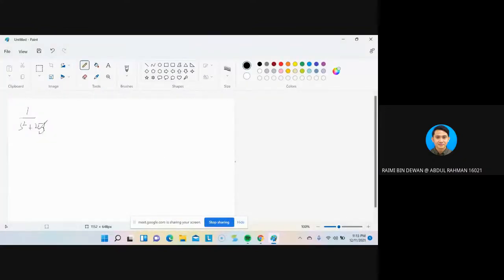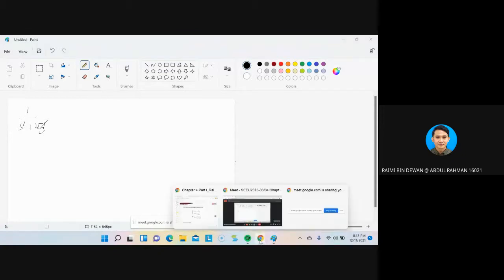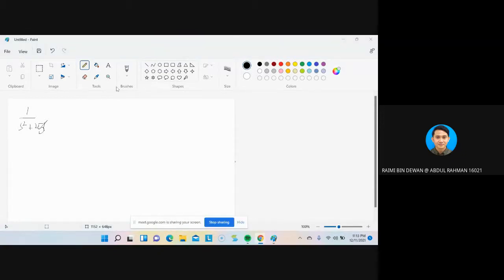Wait, I need to make sure that it's actually showing this screen. Where is my pen? Here you can see that it's given s squared plus 25, right? Am I correct? Then this is your F(s).